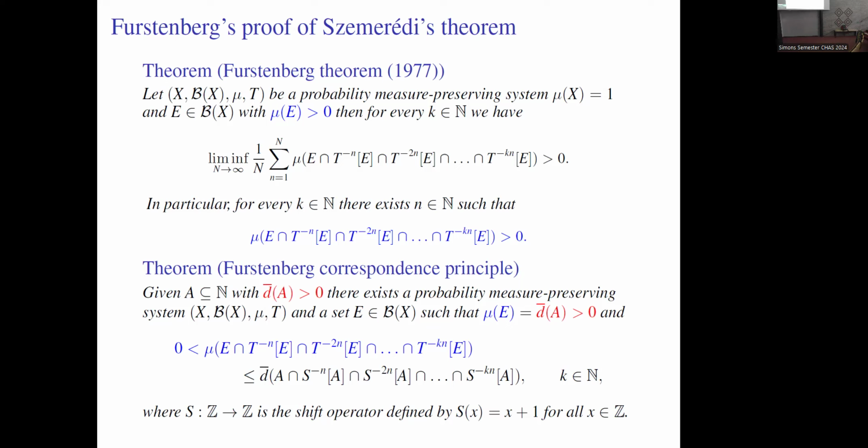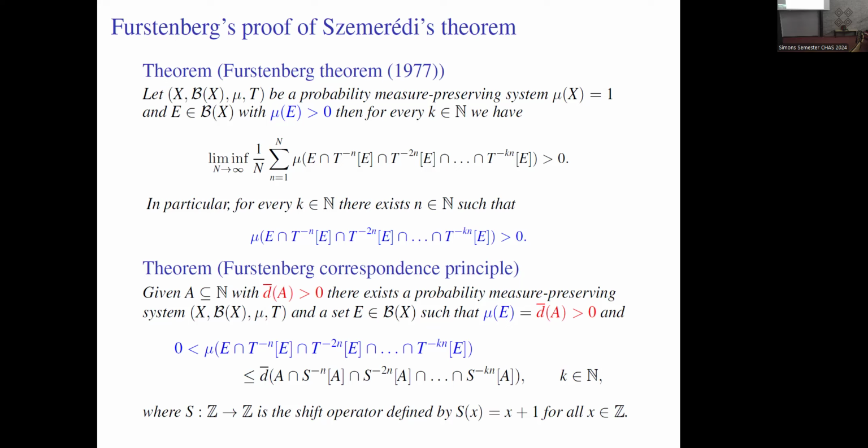For every A, an element of the power set, which is a subset of the integers, we just associate the characteristic function of A. This takes values 0 and 1, so this is an element of the Cantor set. And this is in fact what makes this construction possible.